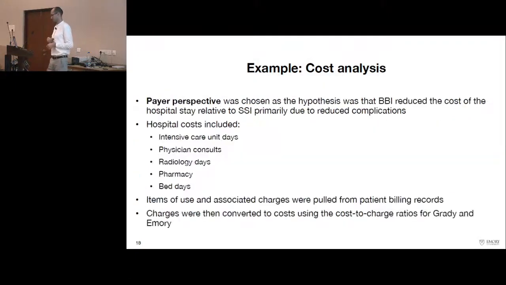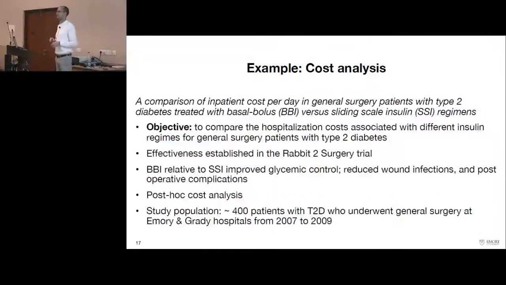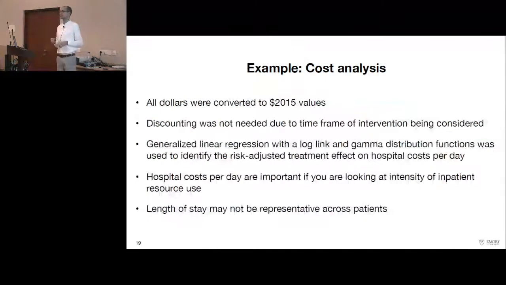Even though the patients were treated from 2007 to 2009, all costs were brought to 2015, which is when the analysis was done, to essentially provide the most recent estimates, or estimates in the most recently valued dollars, to the decision makers.